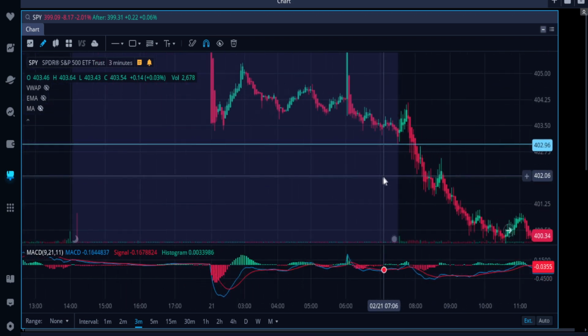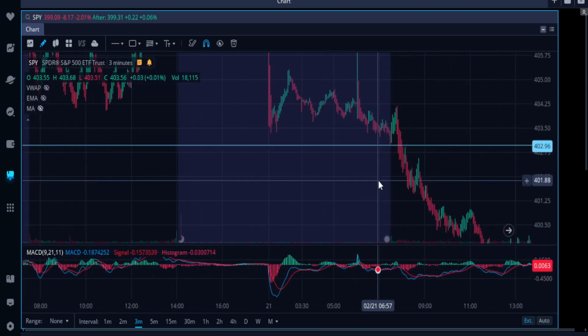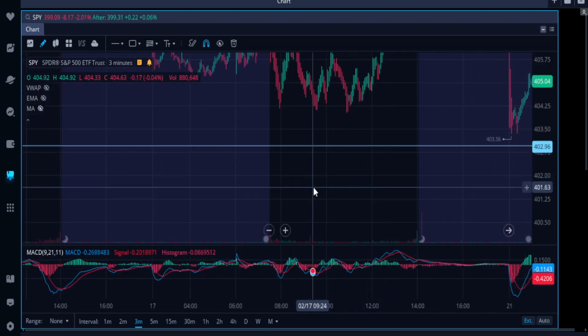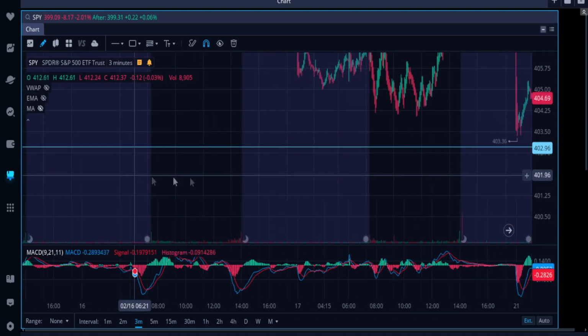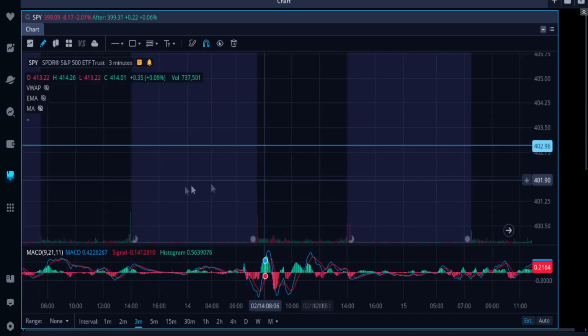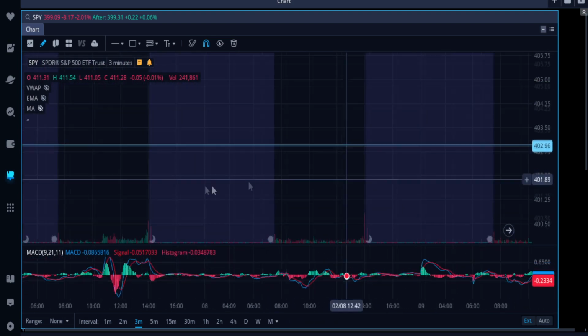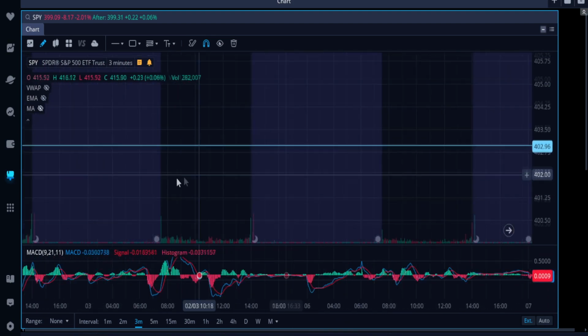So what I do is, in order to find my profit target, I'll just scroll back until we get price action that is below this blue line. So let's go ahead and scroll back until we see price action that is below that level.